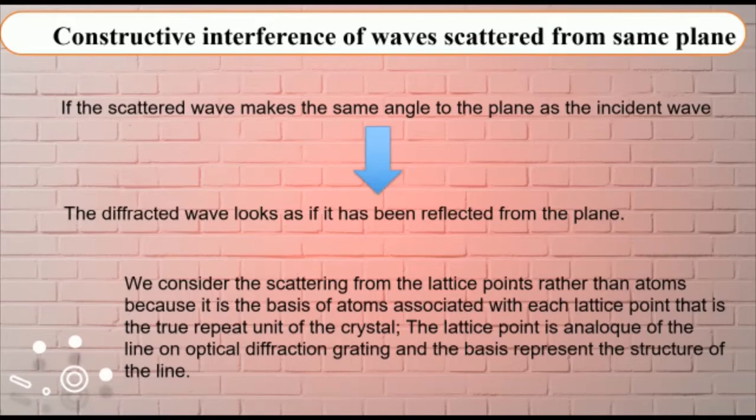We consider the scattering from the lattice point rather than the atom because of the basis of atoms. Associated with each lattice point, there is the true repeat unit of the crystal. The lattice point is the analog of the line on an optical diffraction grating, and the basis represents the structure of the line.